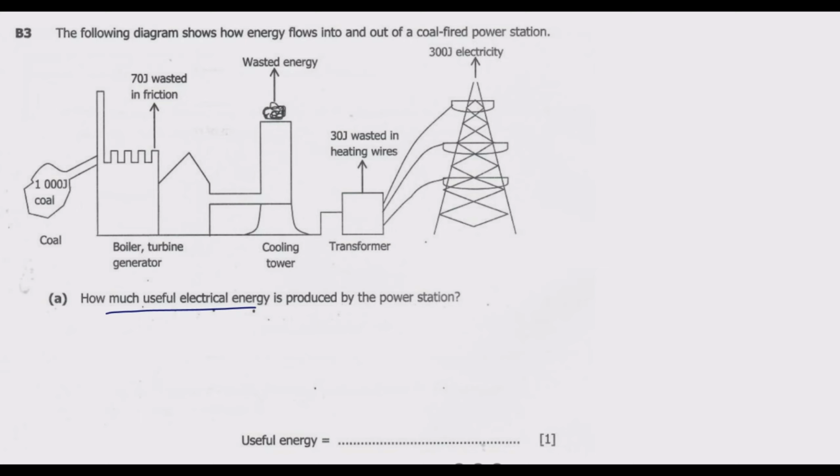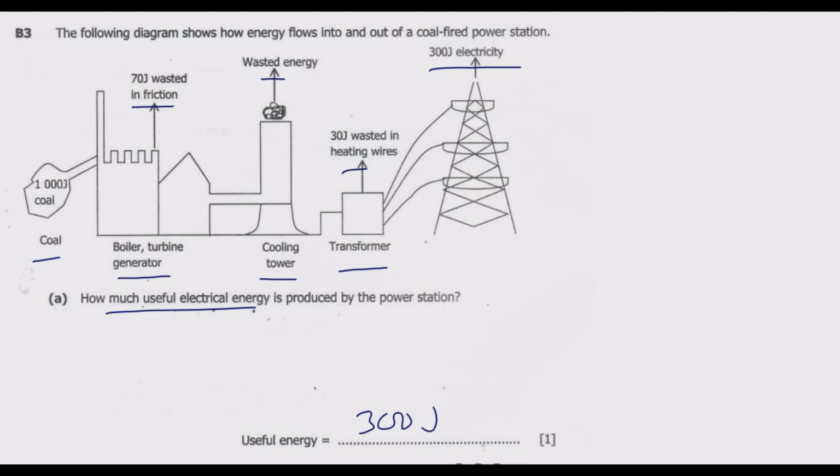So if you check here, we have the coal, boiler, turbine, then we have a cooling tower, then we have a transformer. All these are wastage energy. Then this is 300 joules, which is the electricity produced. So this is the useful electrical energy. So the answer is 300 joules. As simple as that. That's how you get that 1 mark.